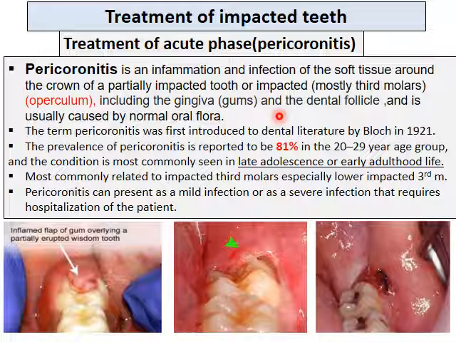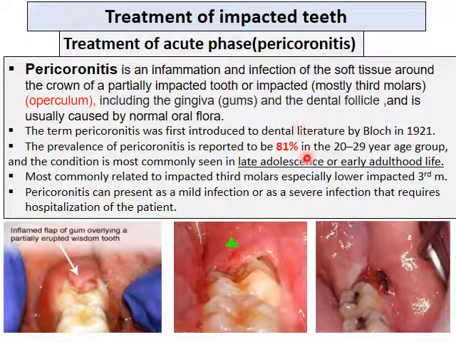The term pericoronitis was first introduced in the dental literature by Bloch in 1921. They stated that the prevalence of pericoronitis associated with impacted teeth is about 80% or slightly more, most commonly in the age between 20 and 29 years.